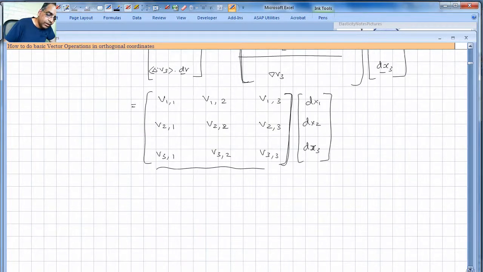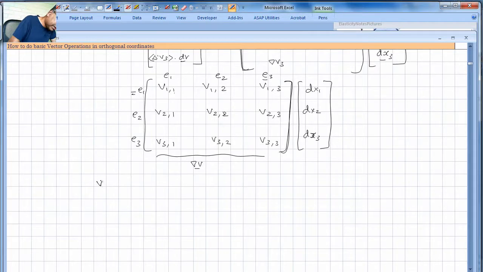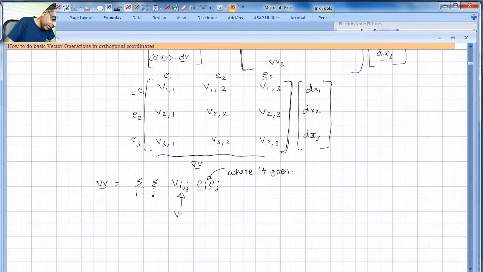Okay, so we are going to write this in a very compact notation. Gradient of v equals the summation over i, summation over j, of v i,j e_i e_j. This tells you where it goes. This tells you the value of the component. What do I mean?